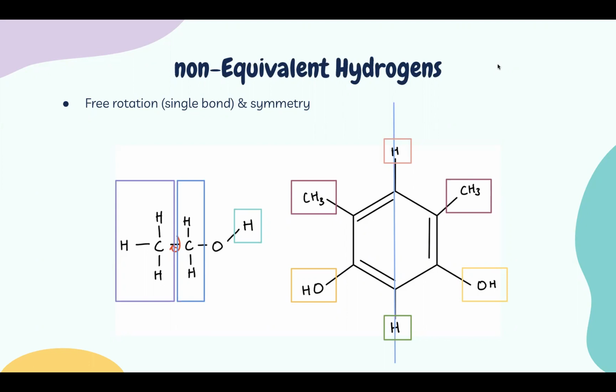They are next to the alcohol and this hydrogen. Since they are both next to the exact same things, they are considered to be in the same environment. The same thing applies to the hydrogen in the alcohol group. Both of these groups are in the same environment because they are both next to the methyl group and the hydrogen in green. So can anyone tell me why this hydrogen is different from this hydrogen, the one in green and the one in pink?